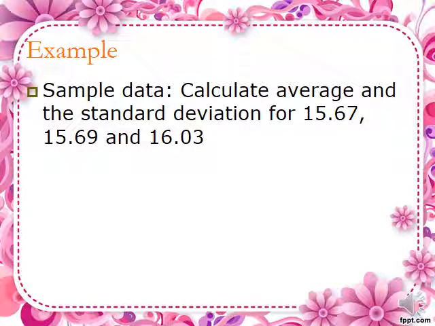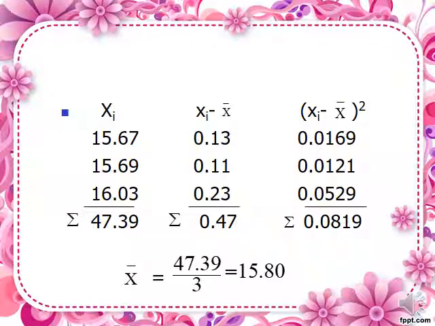Now the example is this set here. Calculate the average and standard deviation for this set of data. Your answer should be this for the average. This is the value of the data, and this is the difference between the data and the average. So this is the average, 15.67 minus 15.8.